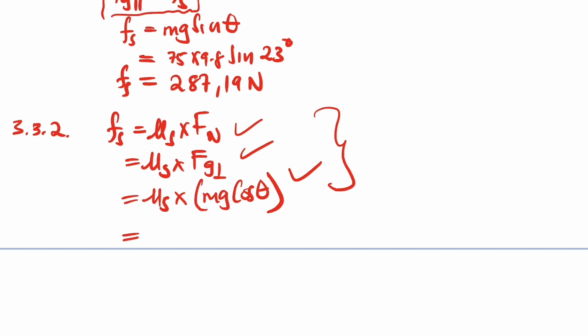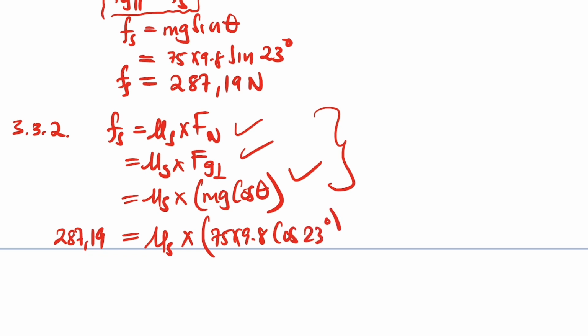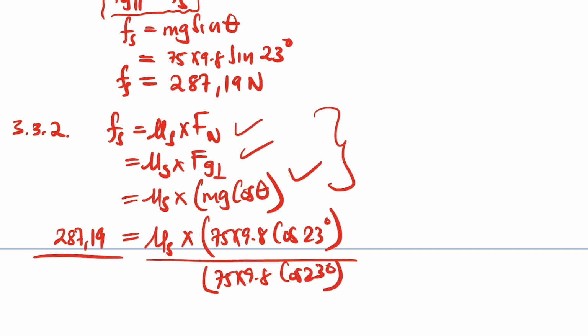So the frictional force, we do have it, it's 287.19, and then the mu s is the one that we're looking for, and the mass, it's 75 times 9.8 cos 23 degrees. Then we'll divide by 75 times 9.8 cos 23 degrees.